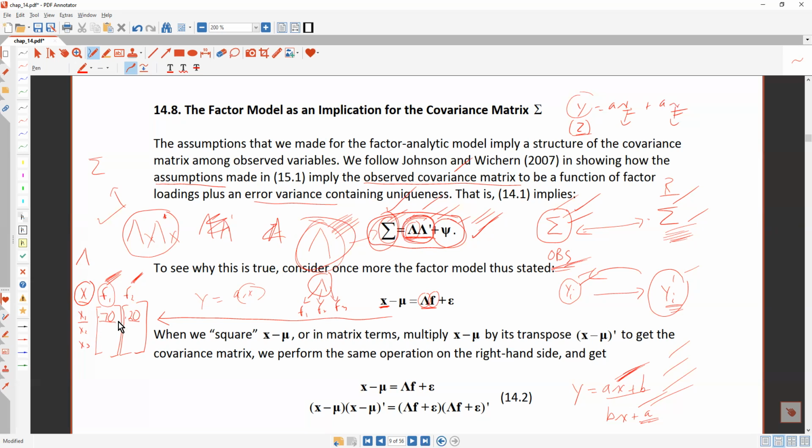You're going to have to decide how many factors are underlying the observed variables. And to the extent that your model fits well, you're going to be able to reproduce that covariance matrix.